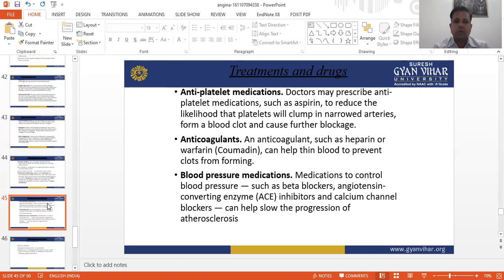Anticoagulants such as heparin or warfarin can help thin blood to prevent clots from forming. Blood pressure medications. Medications to control blood pressure such as beta blockers, angiotensin converting enzyme inhibitors, and calcium channel blockers can help slow the progression of atherosclerosis.